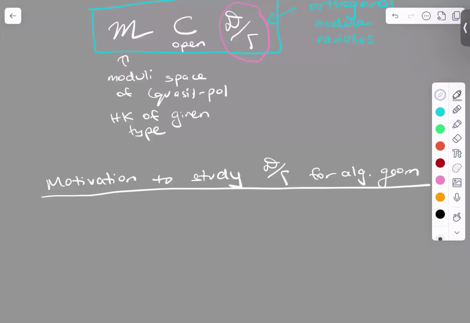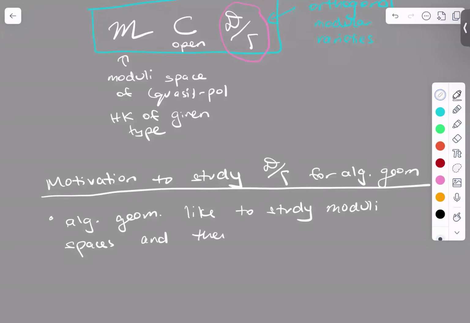And I think a first point to make is that in general, algebraic geometers like to study moduli spaces and their compactifications.